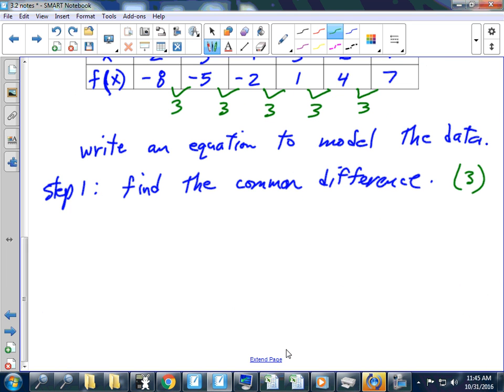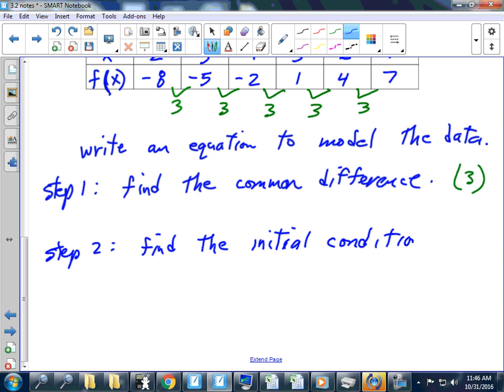Next up, step 2. Step 2, find the initial condition, also known as the y-intercept or f of 0.